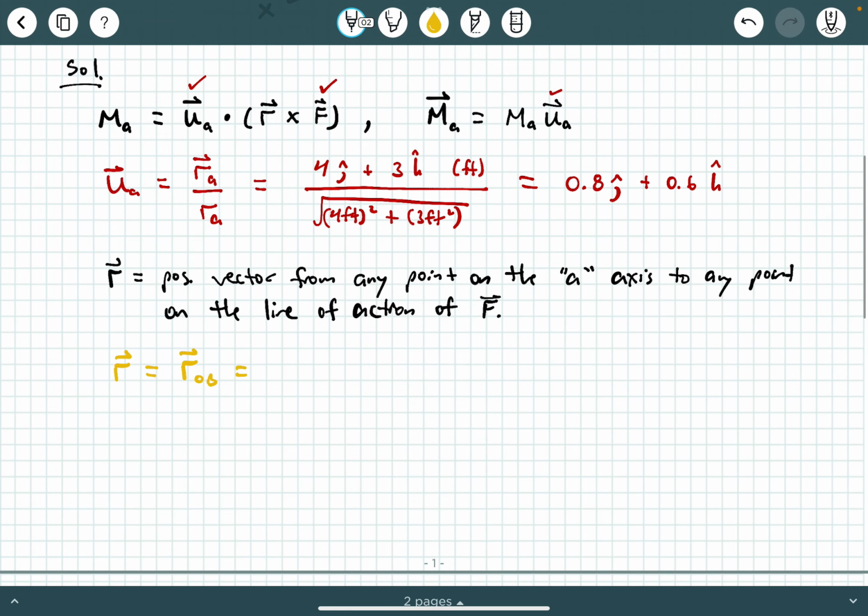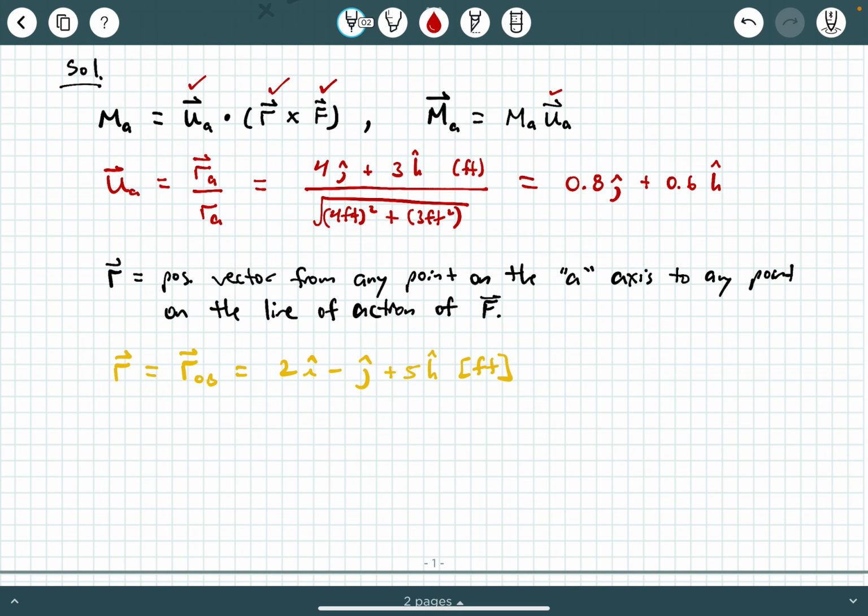So I can write this position vector as 2i minus j, that's -1j, plus 5k. And of course, that's going to carry units of feet. So now I have everything I need. I can check this position vector R off, okay?